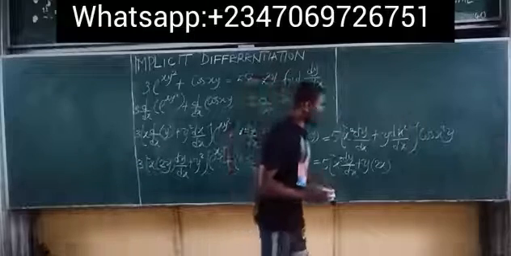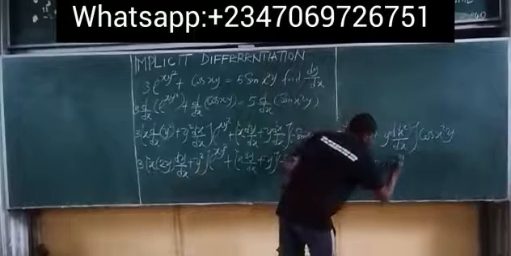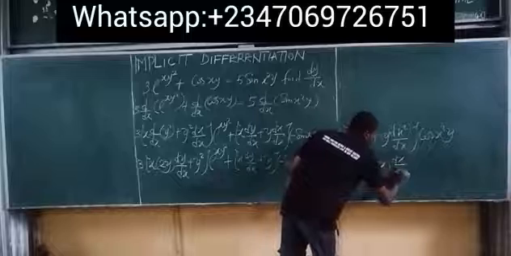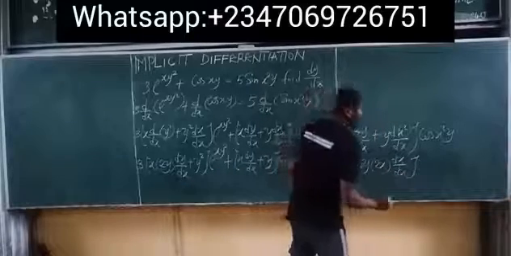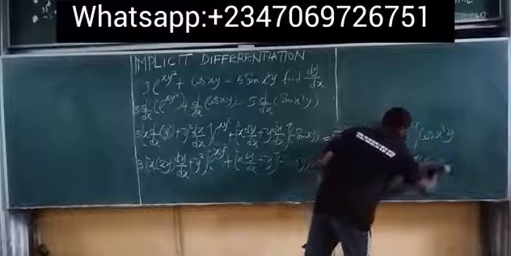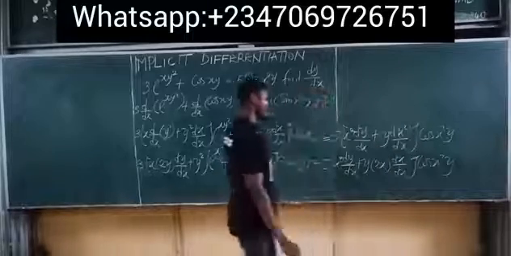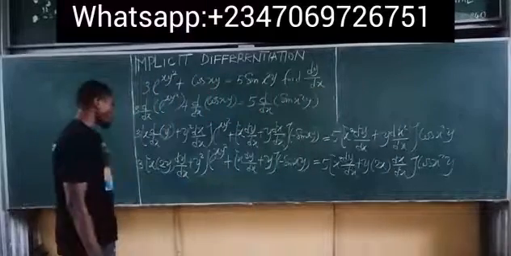Now, since I differentiated x, I would simply attach what? The dx over dx multiplied by cos x squared y. So I'll simply have this.